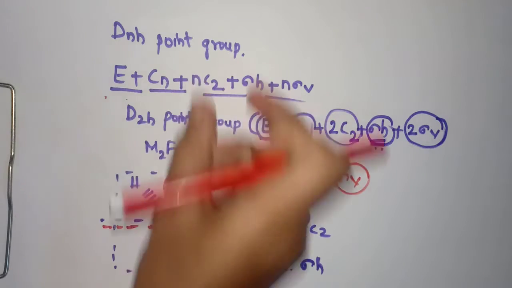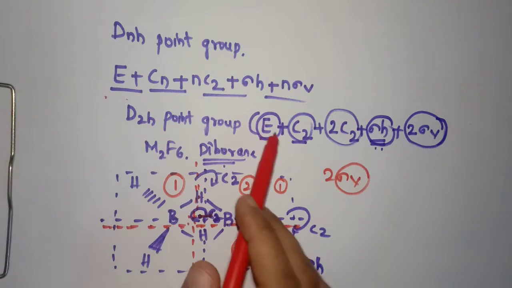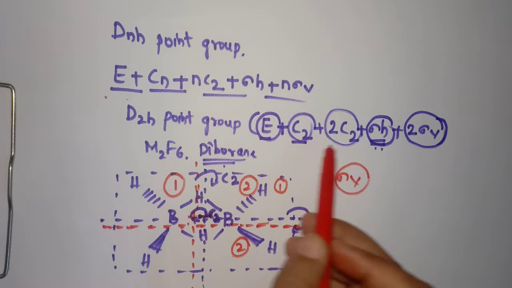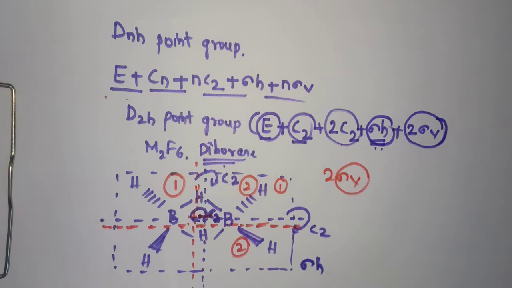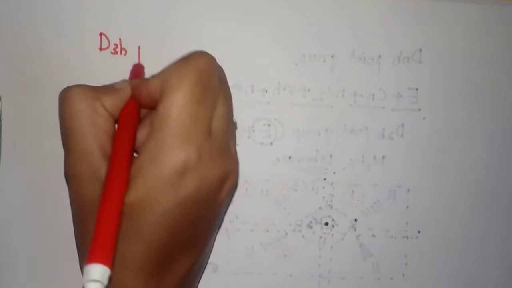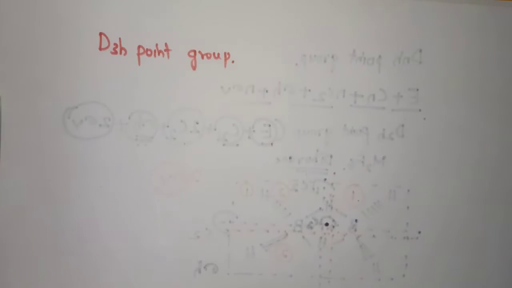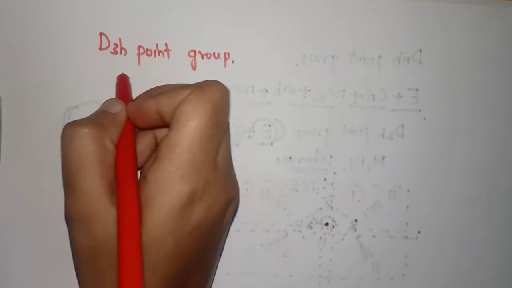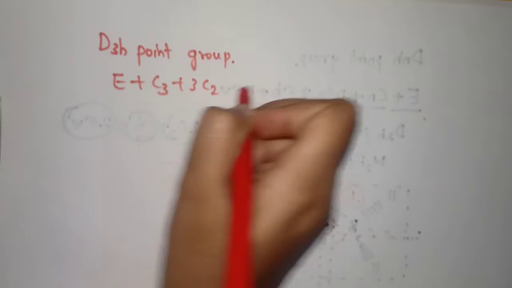For the Dnh point group, the examples are M2F6 and diborane. The symmetry elements are as follows, that is E plus C2 plus 2C2, sigma h plus 2 sigma v. Now the D3h point group. For this D3h point group, the symmetry elements are identity, C3, 3C2.